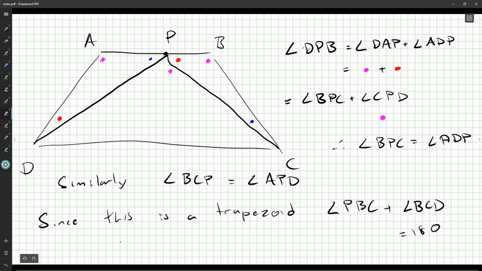And so this one here is that pink dot up in this corner here. But then 180 is PBC, pink dot, and now I'm going to break down BCD into BCP and then PCD. So breaking it down, pink dot, the blue dot we made, and therefore this has to be red dot.